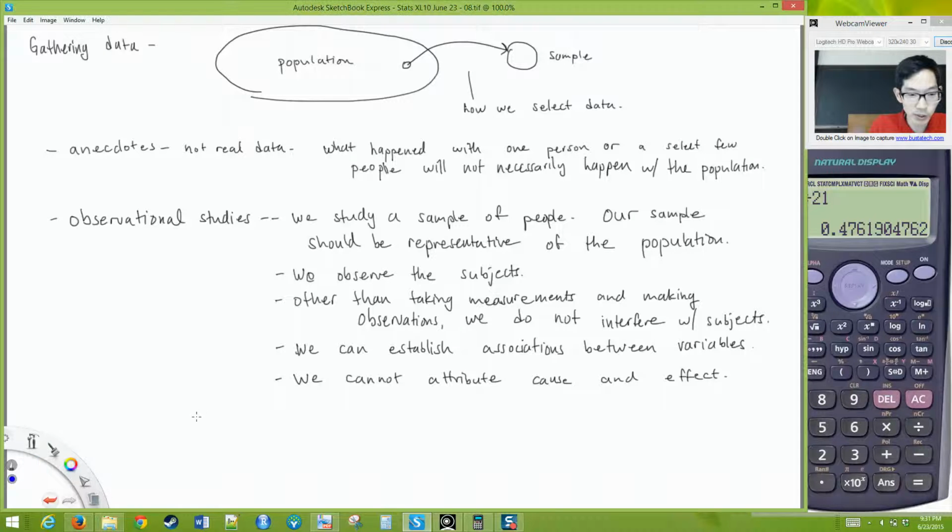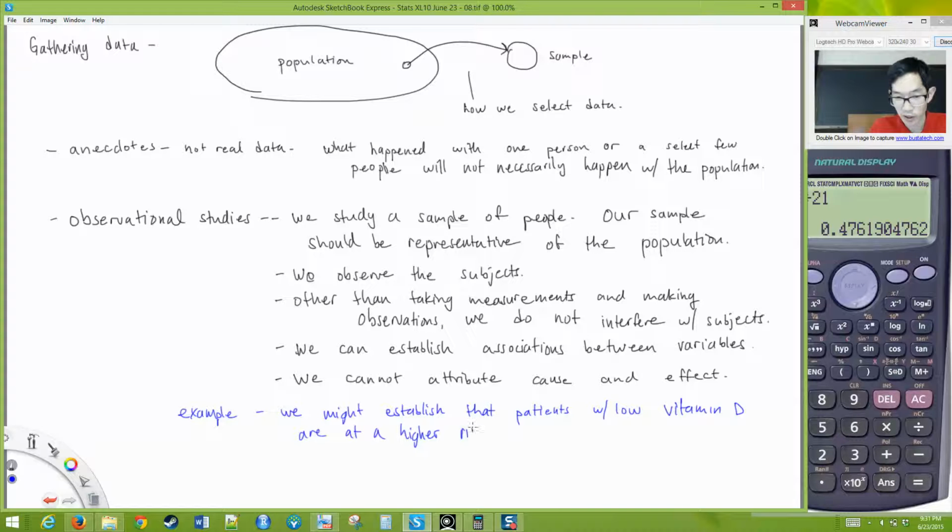So example, okay, we might be able to establish that patients with low vitamin D are at a higher risk of some disease.